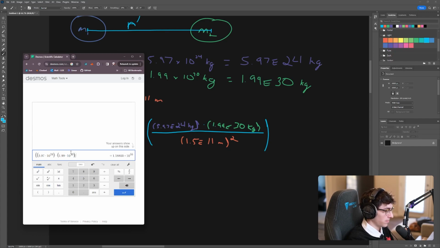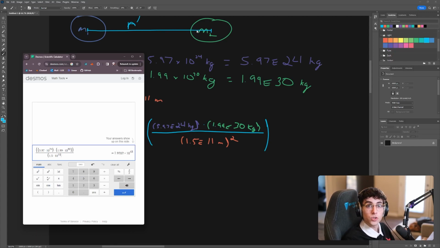This is going to give us the product of our numerator, and then we want to divide that product by our denominator, which is going to be in parentheses, because we're going to have to square our denominator, don't forget. 1.5 times 10, shift 6 to get into that exponent, to the 11th, which is the distance from the Earth's center of gravity to the sun's center of gravity.